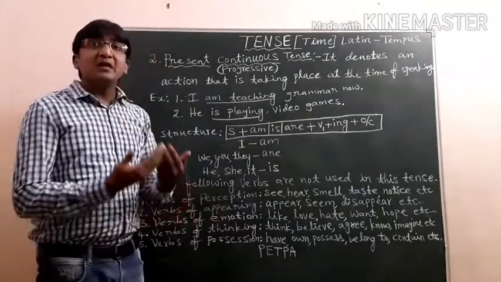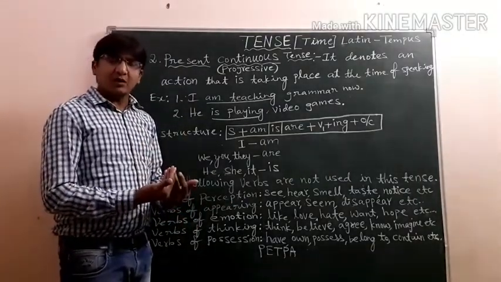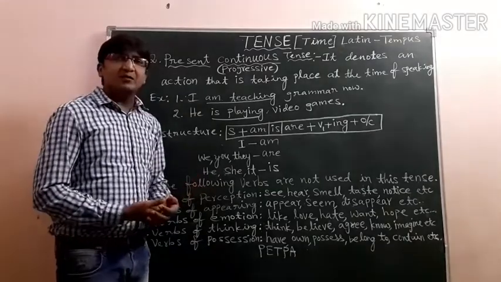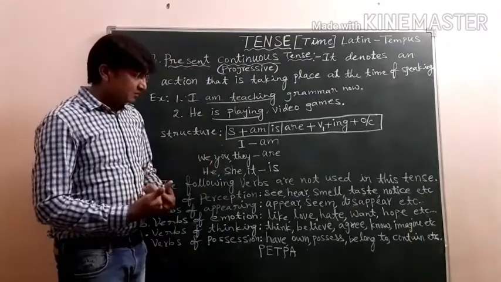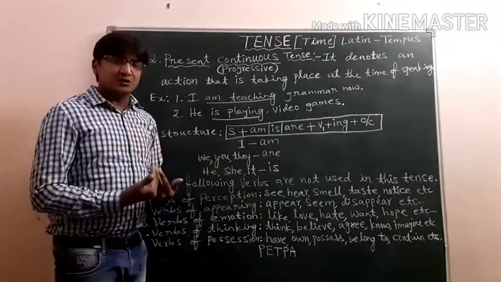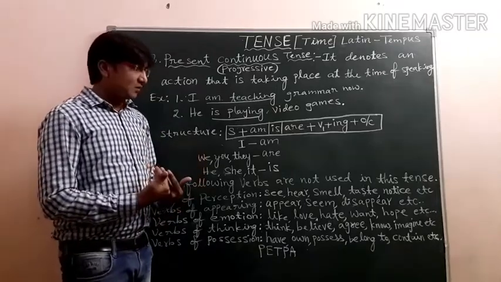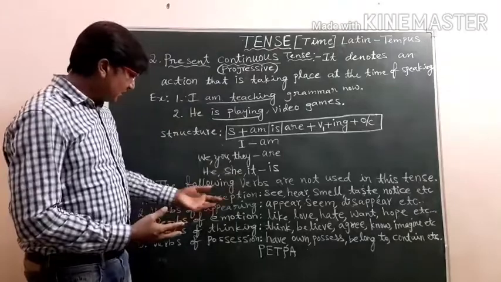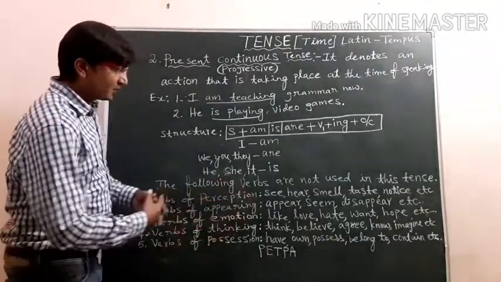And I am believing in God. Even that's wrong, because again the verb believe is not used in continuous tense. I believe in God. And I am knowing English. Again, that's wrong. I know English. So these we need to know. These are the verbs which we should not use in progressive tense.